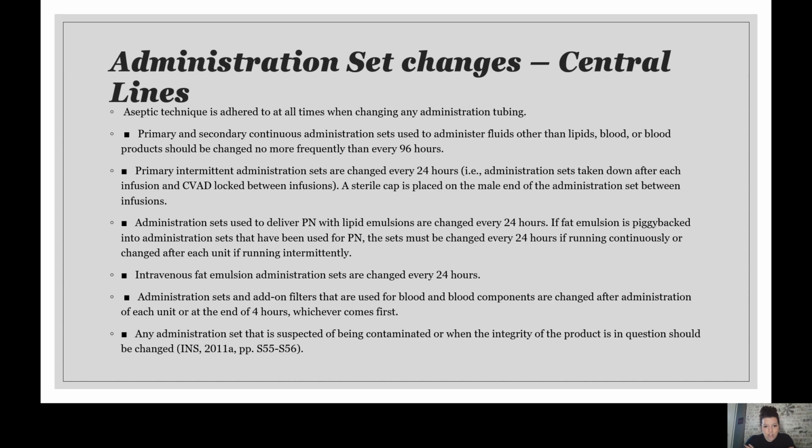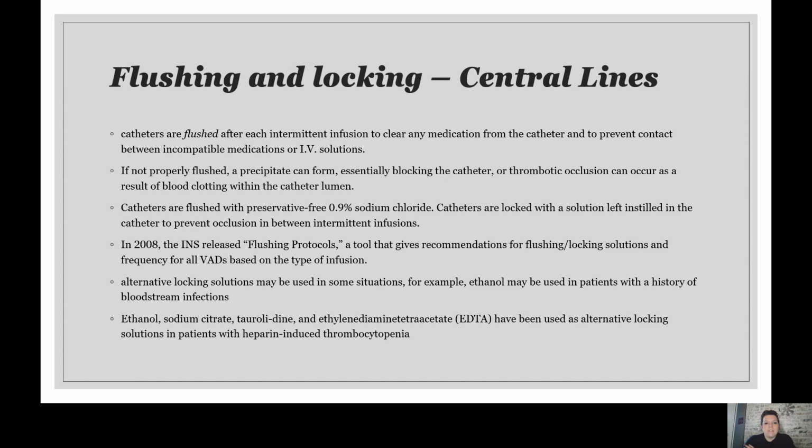That's something for sure you need to remember. And then of course blood, they're one and done. You can't use the same tubing for 2 different units of blood. One and done for blood. Anytime you drop a tip of an administration set, just go get another one. Don't put your patient at risk.